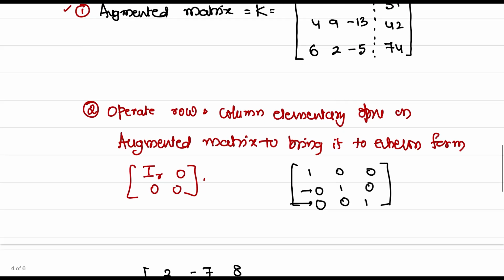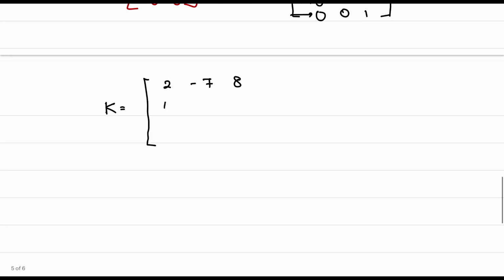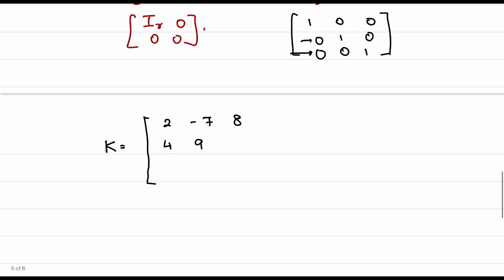My matrix is 2 minus 7 8, 2 minus 7 8. I am going slow so that I am explaining.